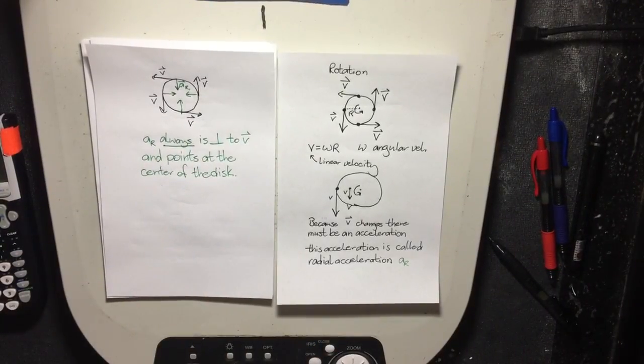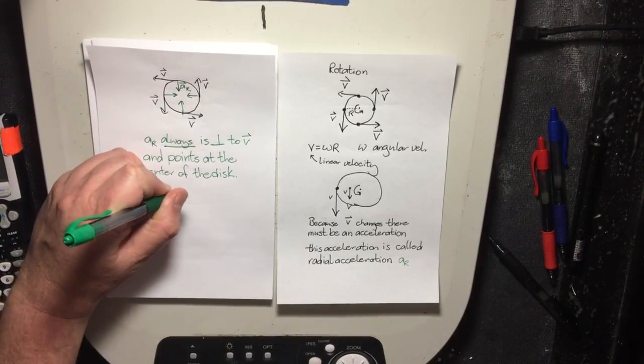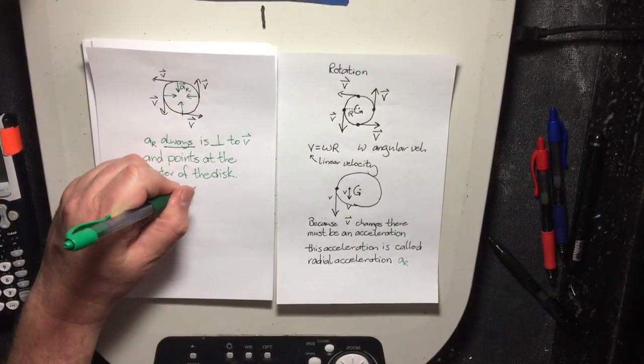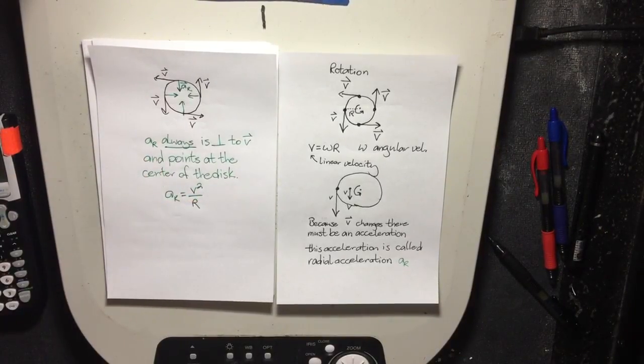So this radial acceleration lets you know where this thing is aiming. Where is the velocity changing? In what direction? The relationship between radial acceleration and this linear velocity is a_r equals v squared over r. The radial acceleration is the ratio of the velocity squared and the radius.